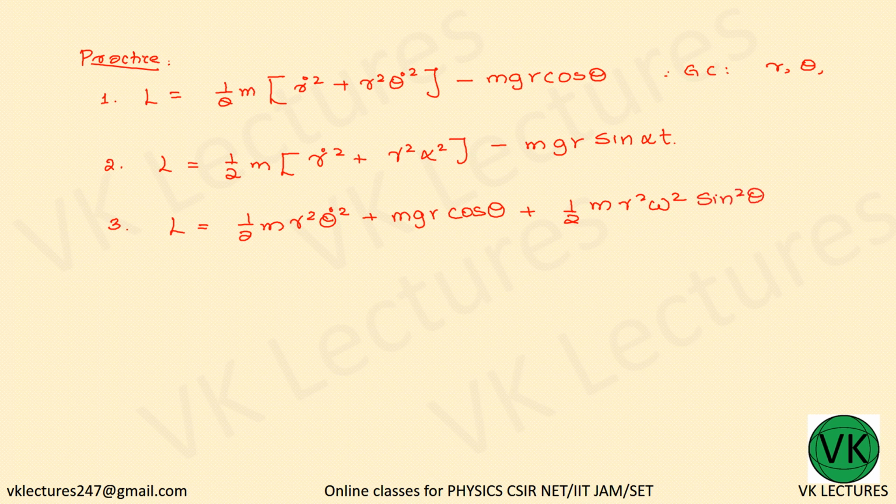Fourth, Lagrangian is equal to half m r dot square cosec square phi plus r square theta dot squared minus mgr cot phi.